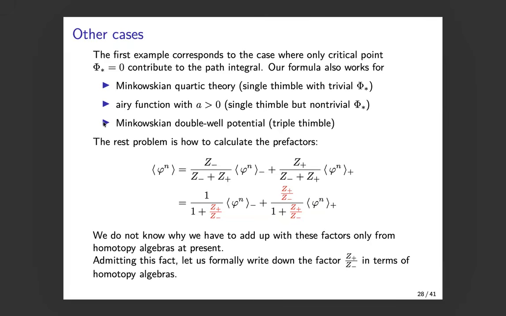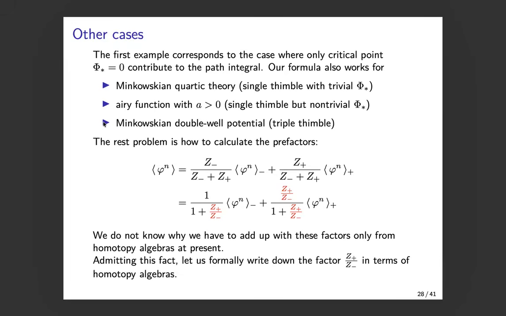This corresponds to the simple case, but with non-trivial phi star. Also, this is the Minkowskian double well potential. This corresponds to the triple thimble. So in the Airy case, there were 2 critical points, and both of the critical points contribute to the calculation. And in the double well case, there are 3, and all of the contributions are needed.